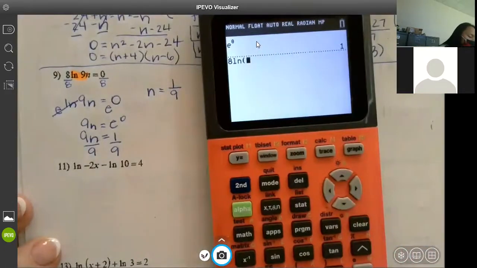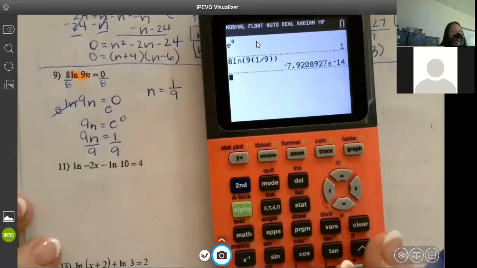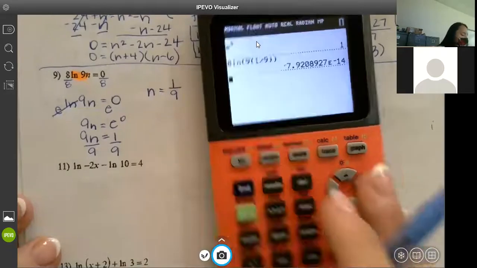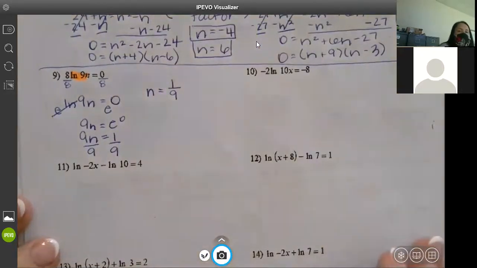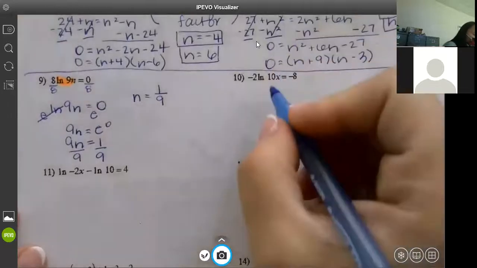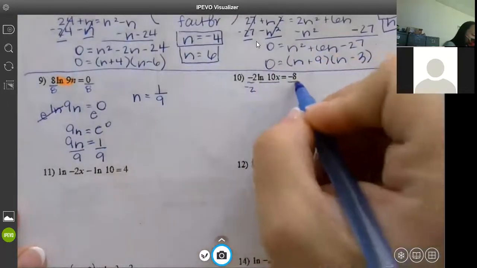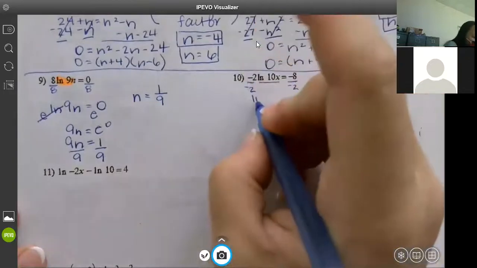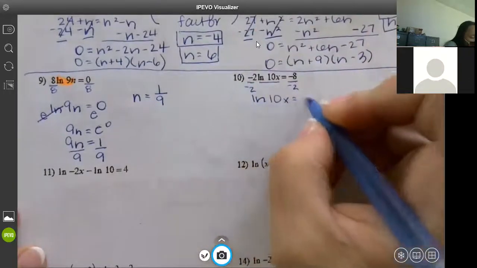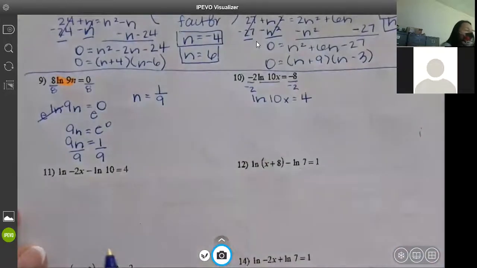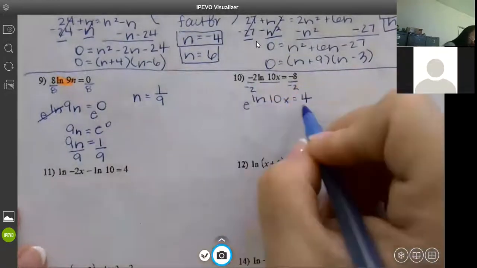Remember, anything with ln, you want to plug in. So 8 ln 9 times 1/9 gives us a number, so we are good to go. The next one is the exact same problem. We got to get this ln right here by itself, so we're going to divide by -2. We get ln of 10x equals 4. We're going to e both sides.